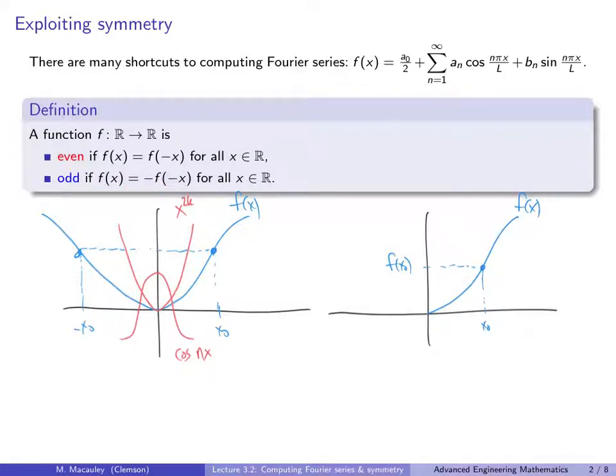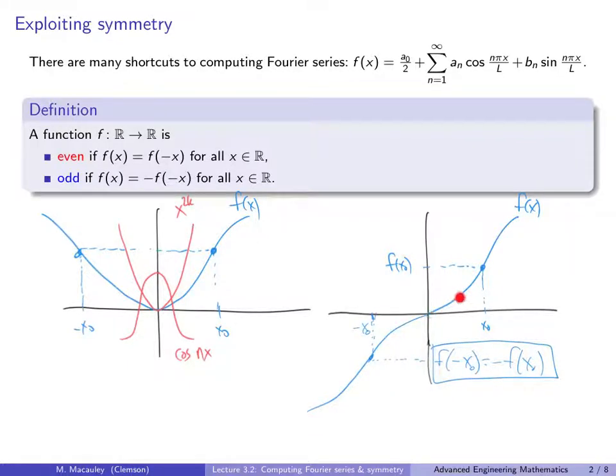So if we take negative x naught over here, then that's just saying that this point here should be, let me extend this axis, f of negative x naught, which is negative f of x naught. So that's the relation of what it means to be odd.